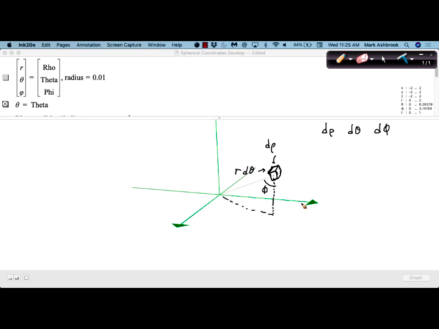So what will it be? Using the same logic as r d theta, what will that dimension be? It'll be rho. This length is rho. So this dimension will be rho d phi.